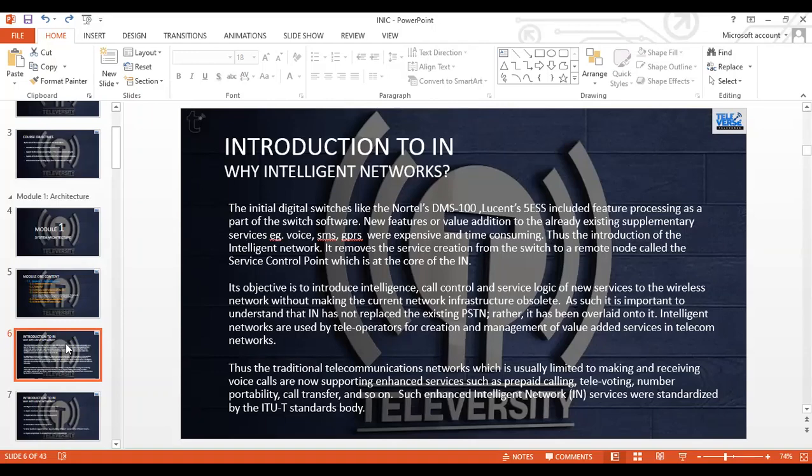But in this sense, I'm making it generalized because before mobile switching came, there was a fixed switch, which was an electromechanical relay switch. So when I say switch, basically the core network switch. Initially, the service logic or the services were implemented on the switch itself.